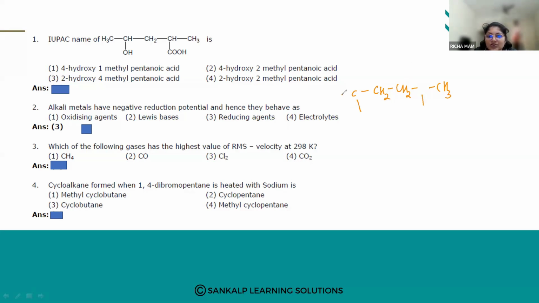So CH2Br and CHBr, with a CH3. So this is 1,4-dibromopentane.